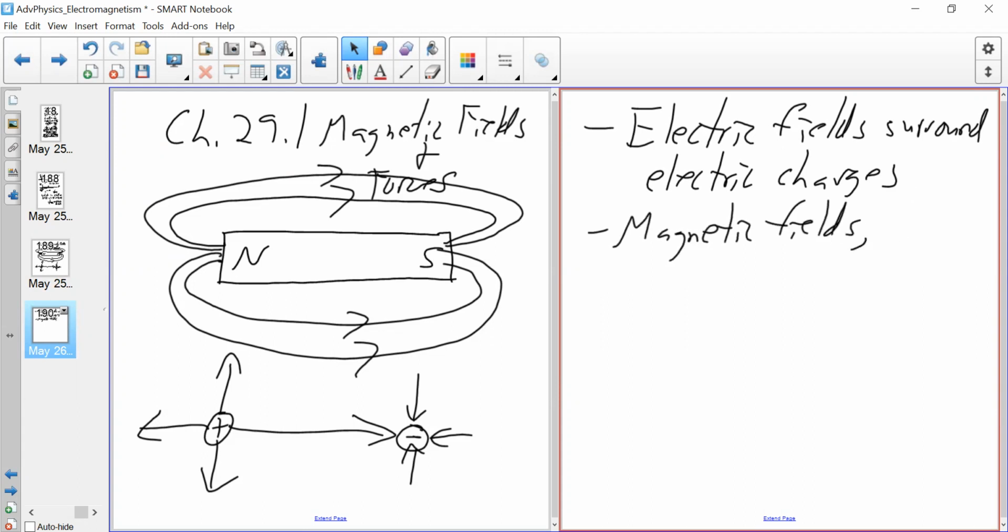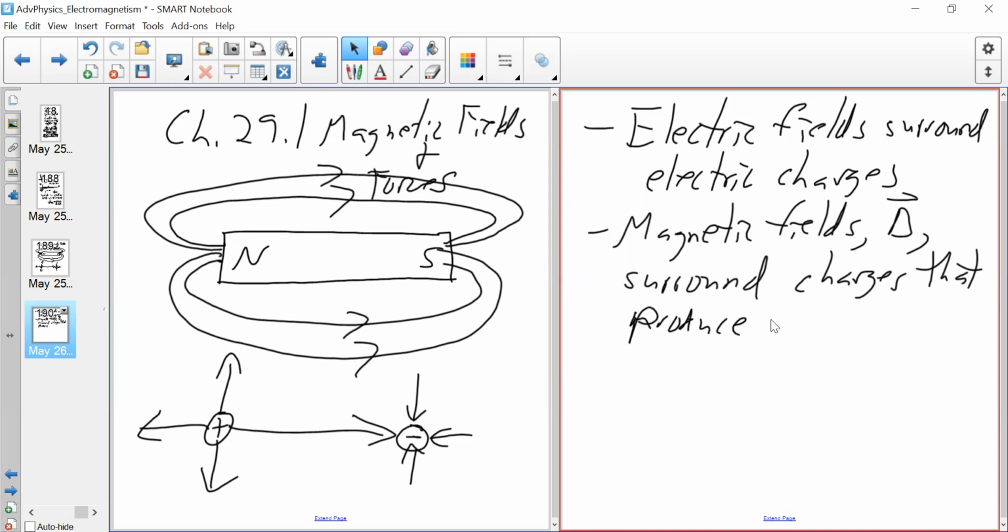Magnetic fields, and the symbol for the magnetic field is B, surround charges that produce magnetic forces, and we'll see that in a moment, because the magnetic force is perpendicular to the speed of the charge and the magnetic field through which this charge moves.